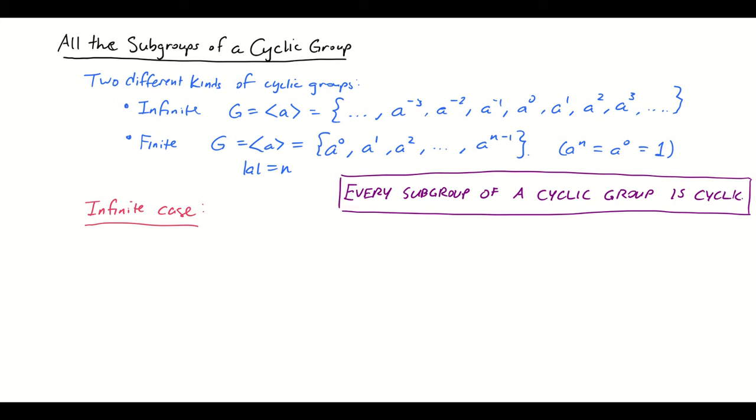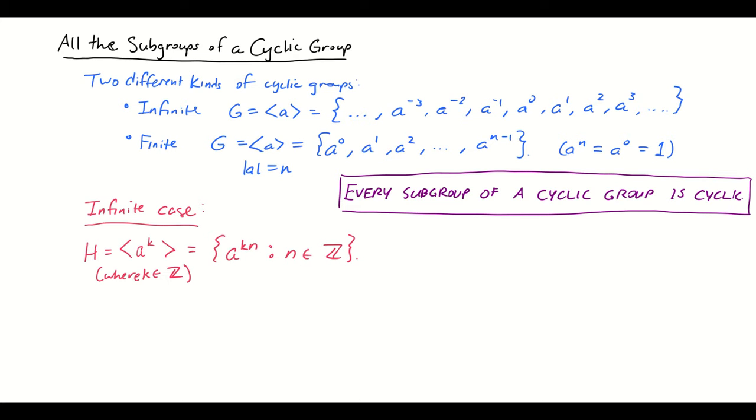So in the infinite case, we can always generate a subgroup by just picking one element A to the K, where K is some integer. And then what subgroup would that give us exactly? Well, that's going to give us the group consisting of all powers of A to the K, which means we have all powers A to the Kn, where n is an integer.